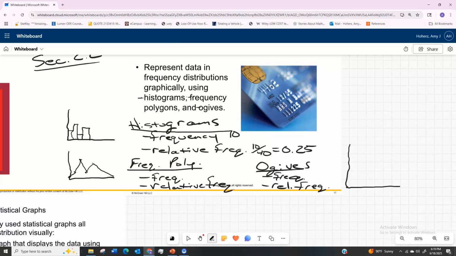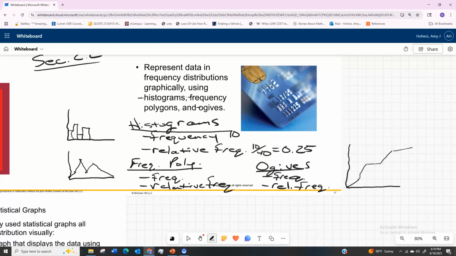And remember, in cumulative frequencies, we're adding everything up as we go: how many are from the upper bound of this class and below. So the only thing ogives can do is go upward or stay steady. They cannot go downward. Ogives will go up until they reach the total number.